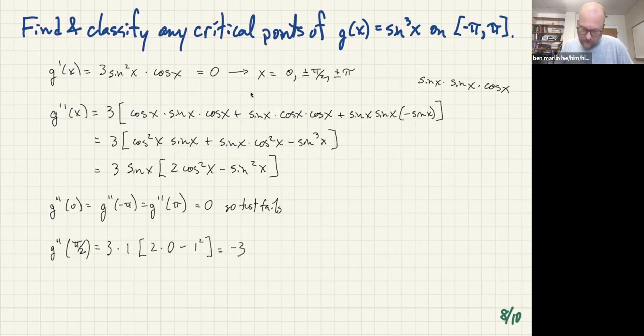So you have minus 3, which is negative. And that says that x equals pi over 2 is a local which? A local, now I got to draw it again, maximum, right? So I started writing minimum, but I would have been wrong. So I got to fix it. Local maximum.